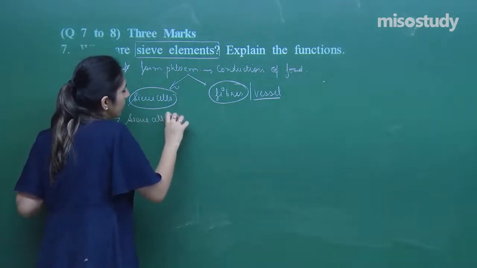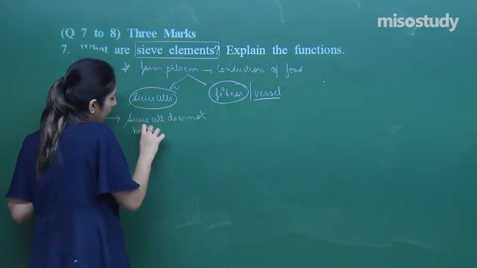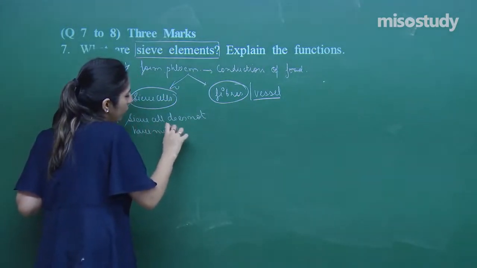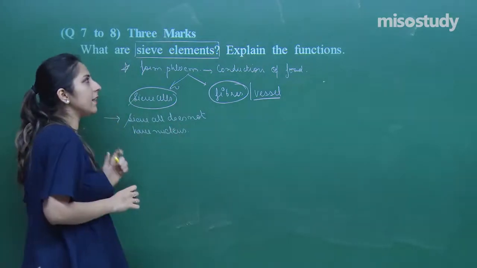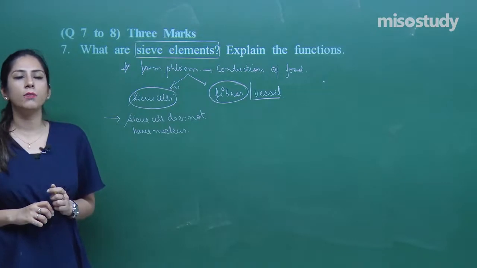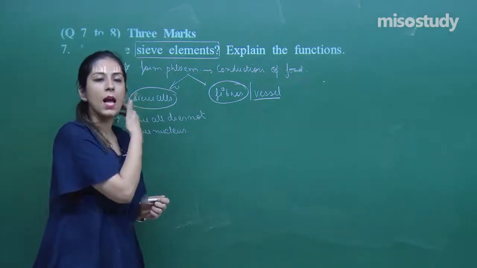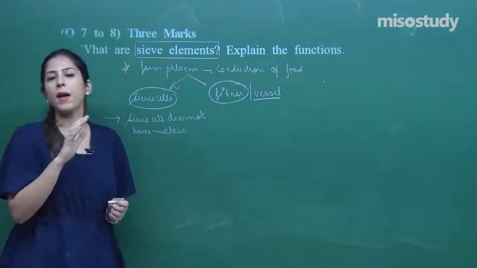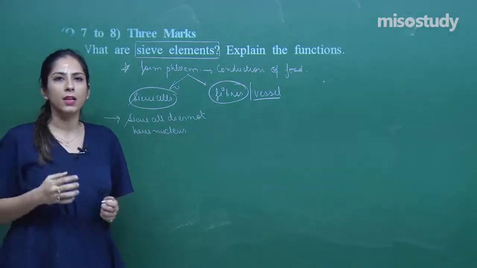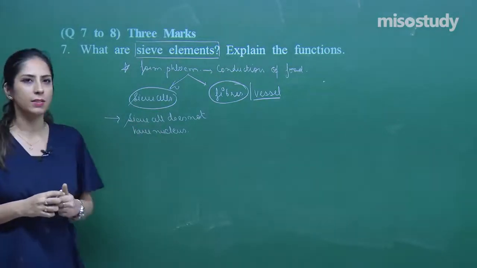These sieve cells don't have a nucleus, first of all. But still they are considered living. Why? Just because they are associated with companion cells, and these companion cells have a nucleus, which guards the division as well as the various activities of the sieve cells.